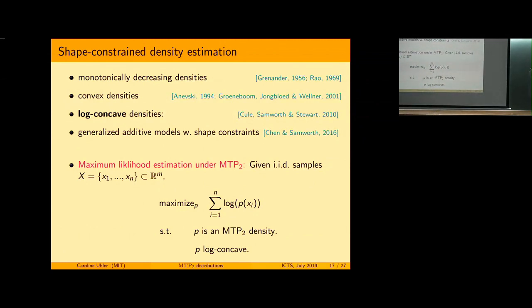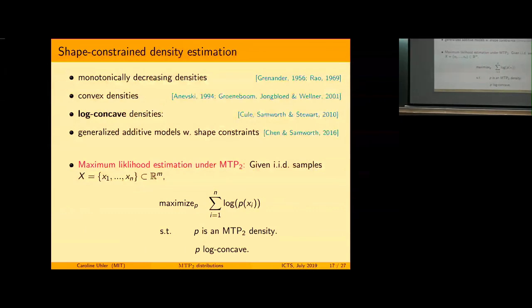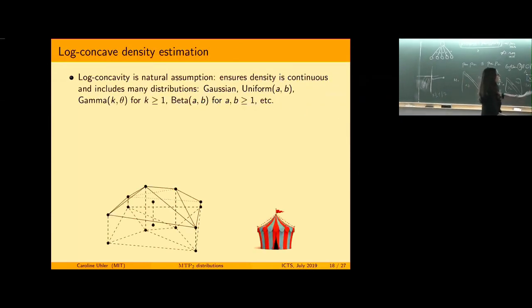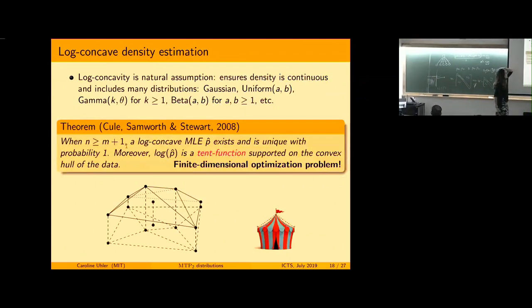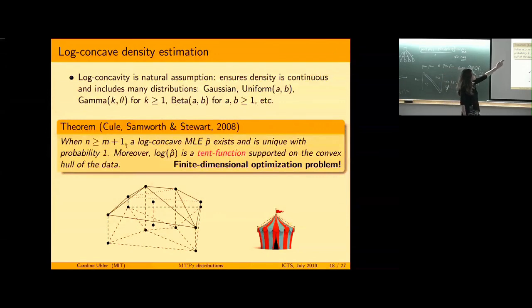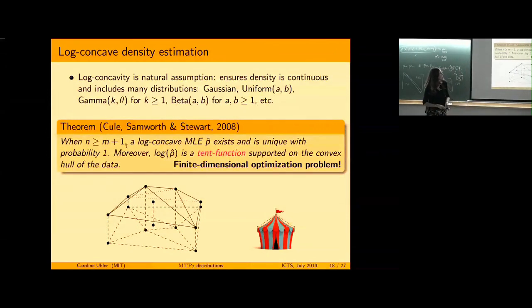You have to start somewhere, so we started with log-concavity. There's a whole lot of literature on log-concave non-parametric density estimation. It started with the Cule, Samworth, and Stewart paper in 2008, and now in the statistics literature there is a huge amount of papers in this area.